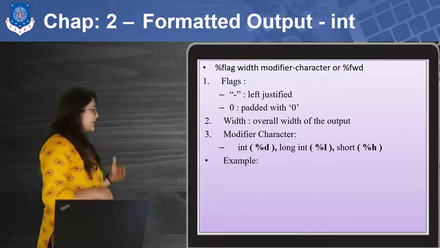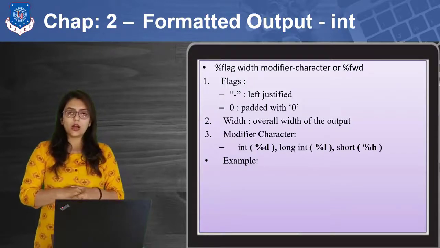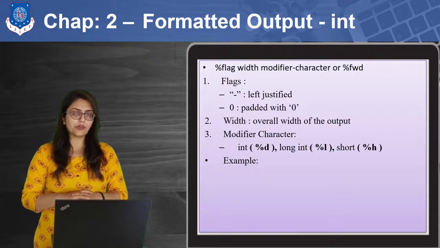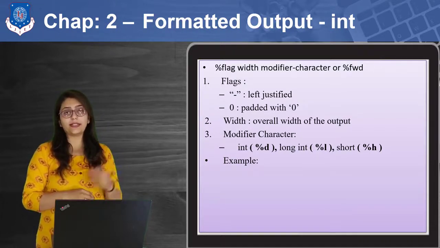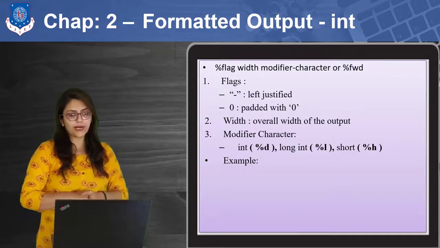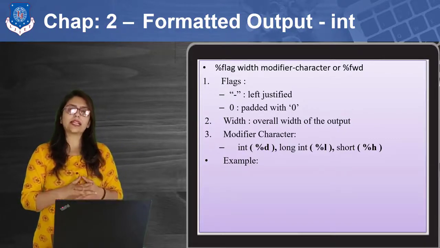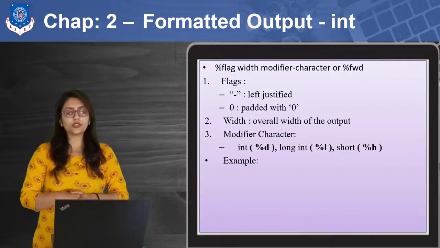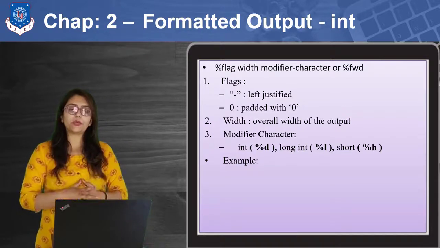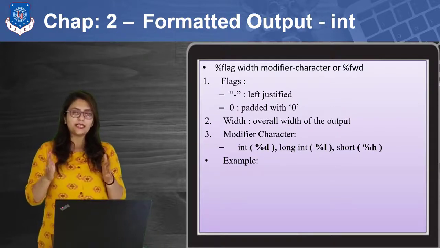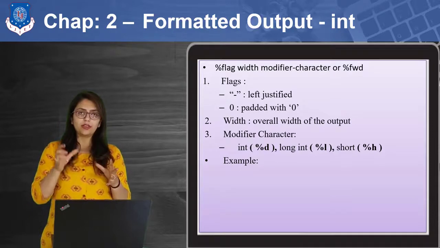Now, what exactly are these flags? Flags can be of 2 types. First, sometimes you want to justify text, by right or left side. If you want to justify text by left side, then you can use the minus sign. By default, my text will be on the right side, right? So you will not see the difference when you are dealing with the same width.